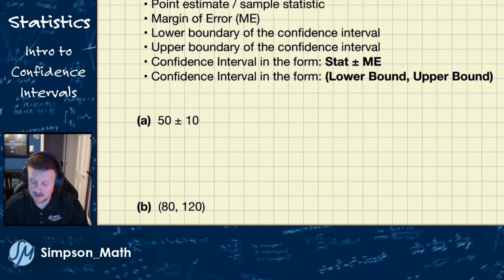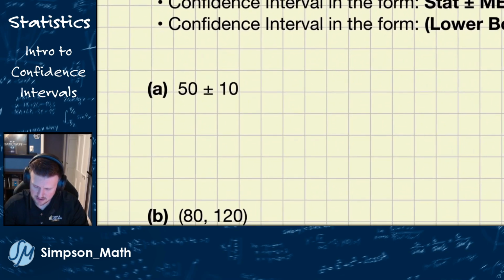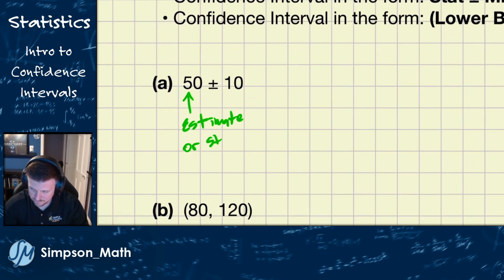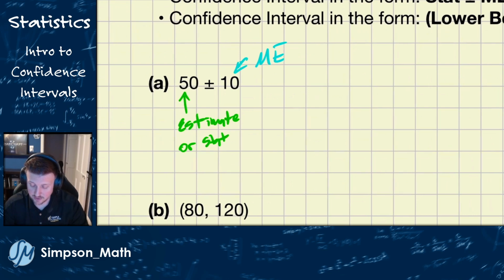So if I look at this, 50 plus or minus 10. Just to be clear, this 50 is my estimate or my stat, and this 10 is the margin of error. So how do I convert from this to my interval?